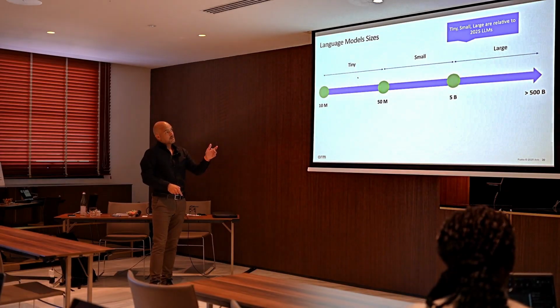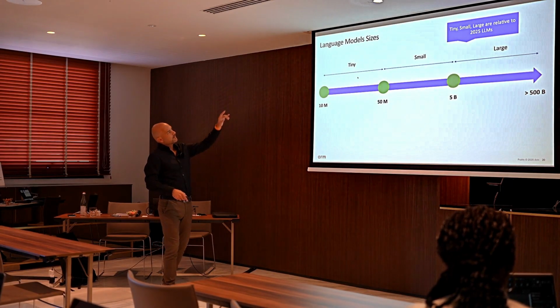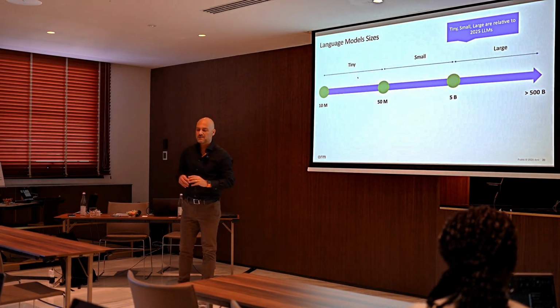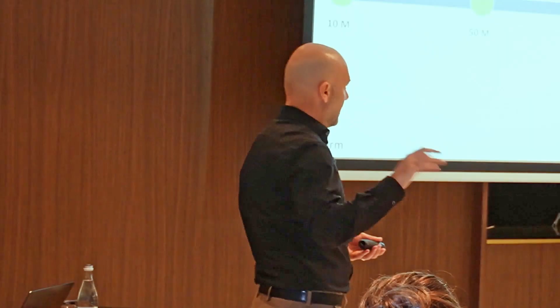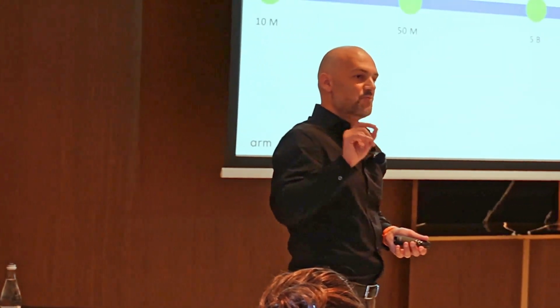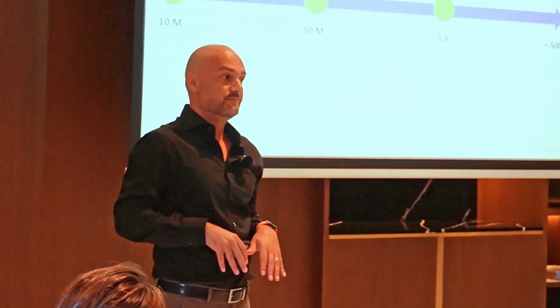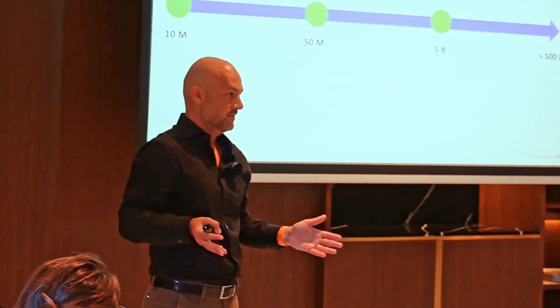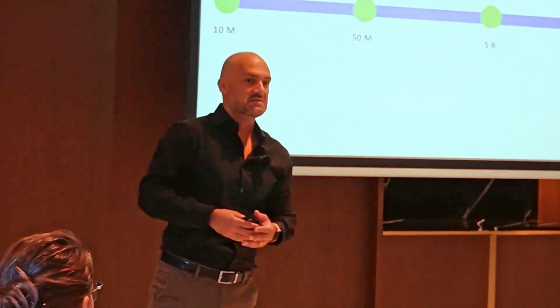So here, yes, it's correct. Okay, these are some of these areas, and please, when I talk about large language models or small language models or tiny language models, I'm referring to what we're seeing today. It's all relative, so something that is large now can be small tomorrow.